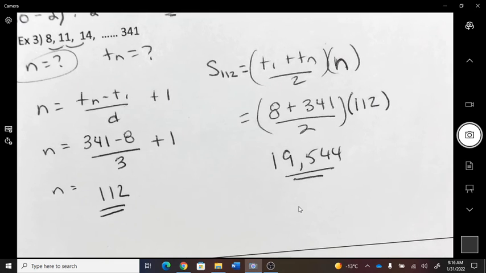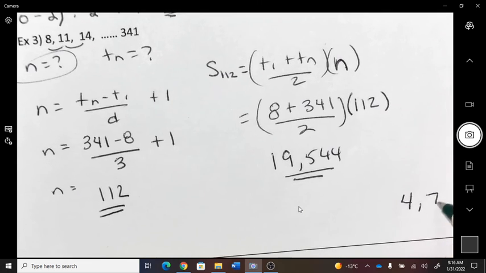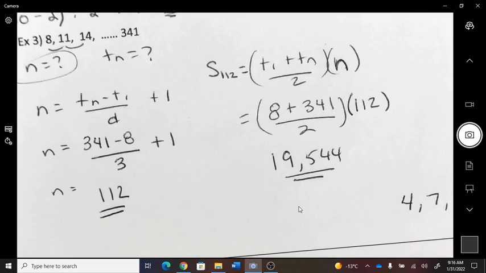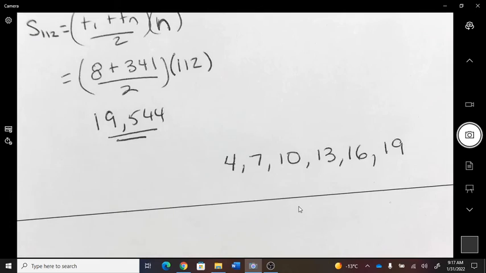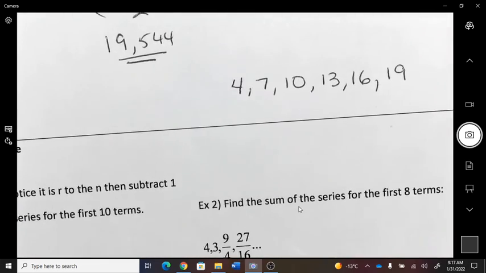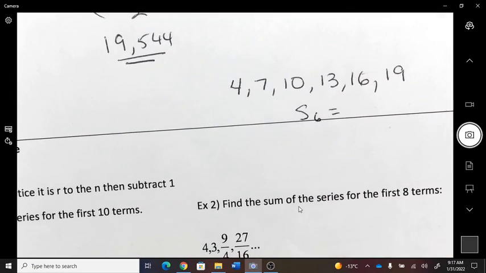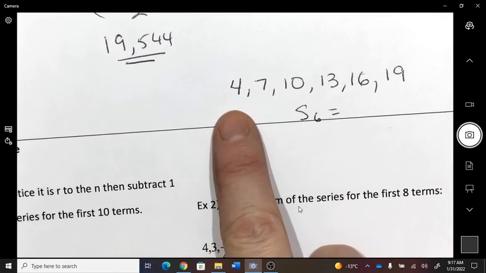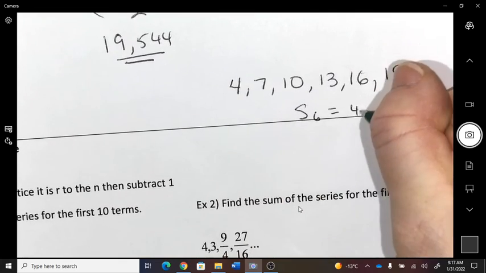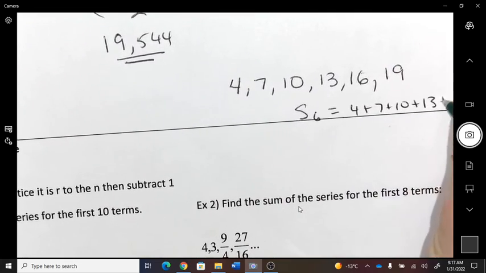Do you want, you know what I'm gonna do? I'm gonna show you a very simple one to just show you what this formula is really doing. So let's just say I just did this formula. Do you understand that if I want to do the sum of these 6 terms, what it's doing is just saying what's 4 plus 7 plus 10 plus 13 plus 16 plus 19?